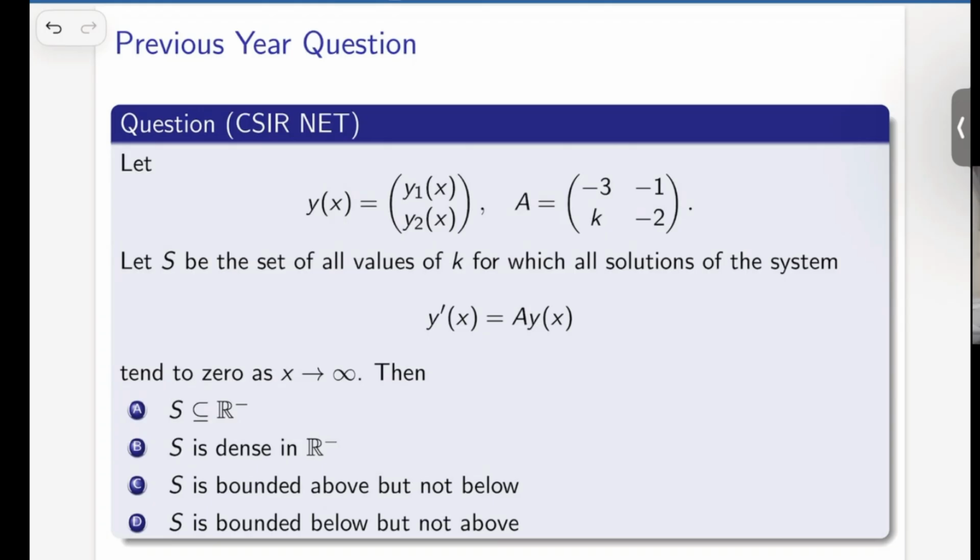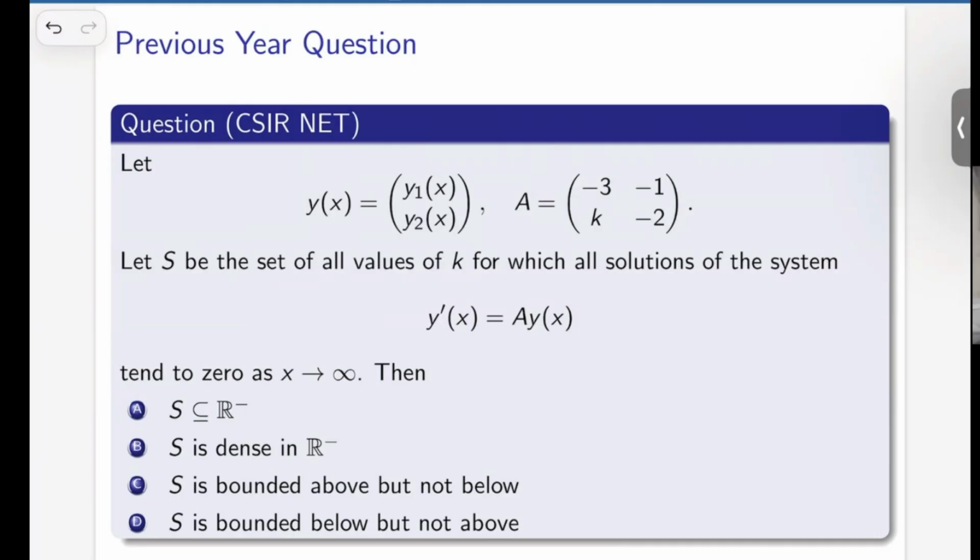So what conditions on k do we impose such that our eigenvalues are negative? K is equal to 0, sir. Yes, k equals 0.